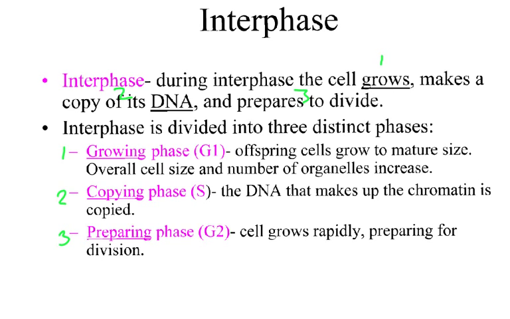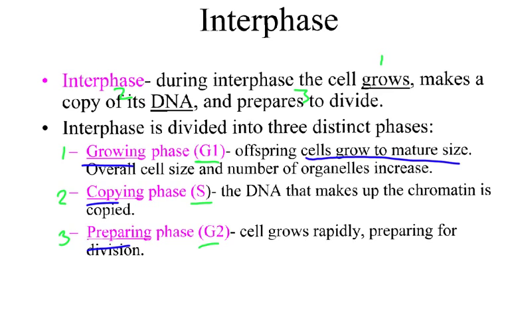Now, as you learned in the POGIL, those are actually called the G1 or GAP1, S, and G2 or GAP2 phases. I use the words that are over here, growing, copying, and preparing, to help you remember and distinguish between the phases. The growth phase is cells growing to mature size, going from that small cell that forms from mitosis to the overall larger size for that cell type.